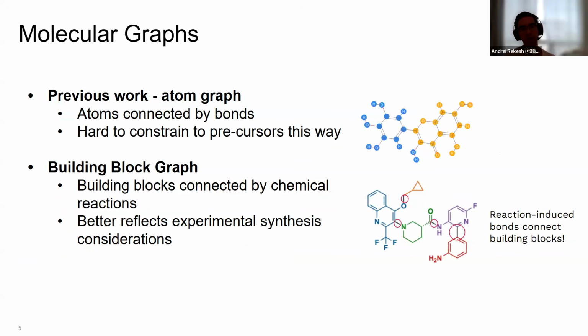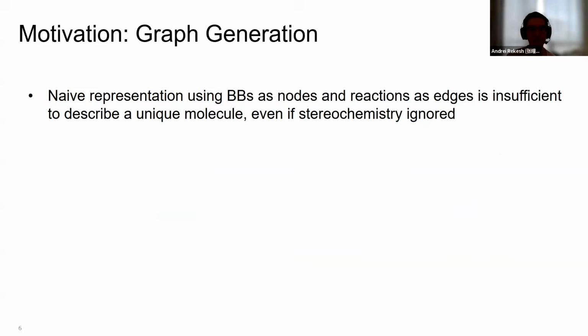So if we think about what we want to go into a molecular graph, of course, these previous works rely on atoms connected by bonds. This is the most straightforward formulation of a molecular graph. But again, it's hard to constrain the precursors this way, so we want to zoom out and have a more coarse-grained molecular graph with building blocks connected by chemical reactions. And this better reflects experimental synthesis considerations, but we're not quite done yet with a formulation like this.